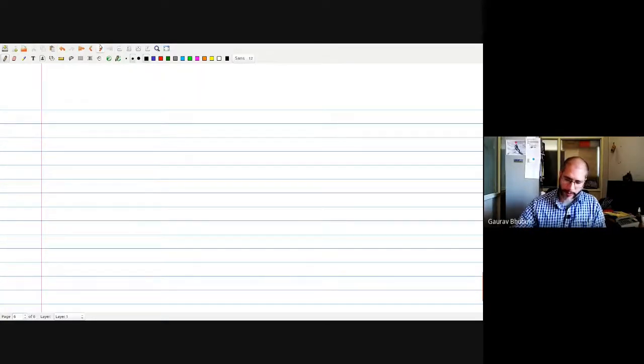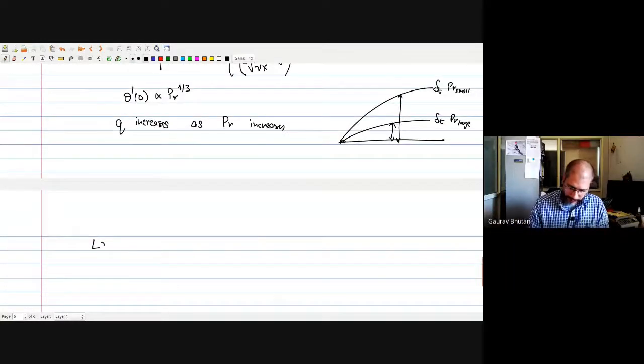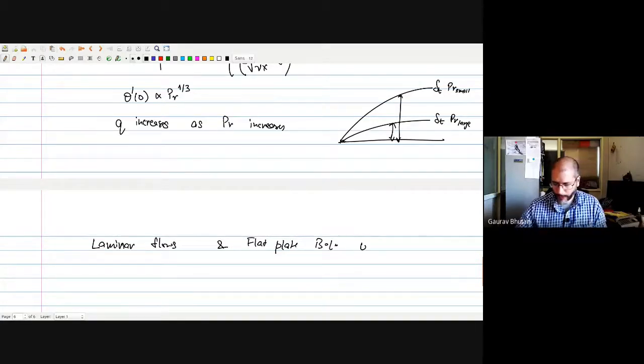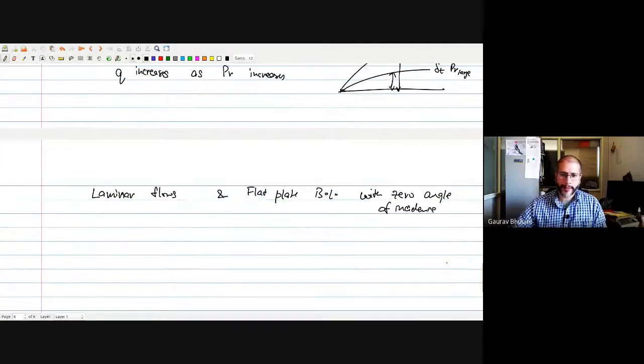So let's just summarize that for laminar flows, and for the particular problem of a flat plate boundary layer with zero angle of incidence. We have been dealing with this situation.